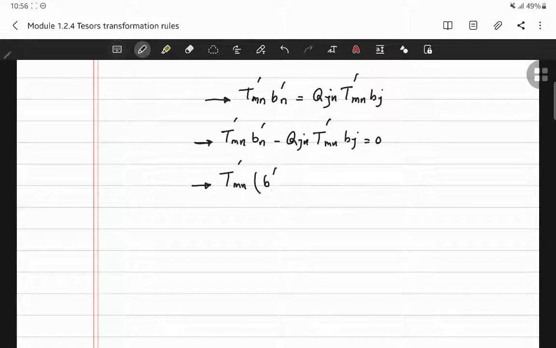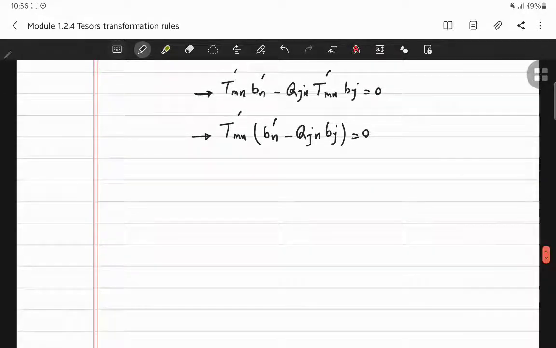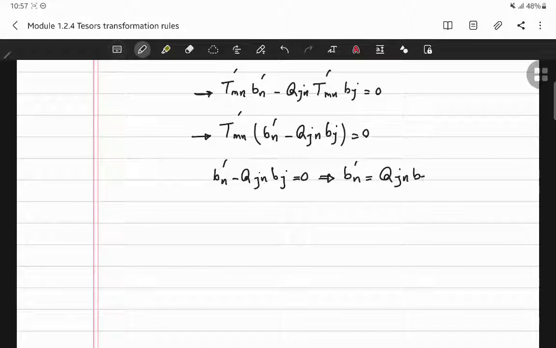I have b prime n minus q jn bj is equal to 0. So this is not 0, this is a trivial solution. For the non-trivial solution, b prime n minus q jn bj is equal to 0. Therefore, we have b prime n is equal to q jn bj.